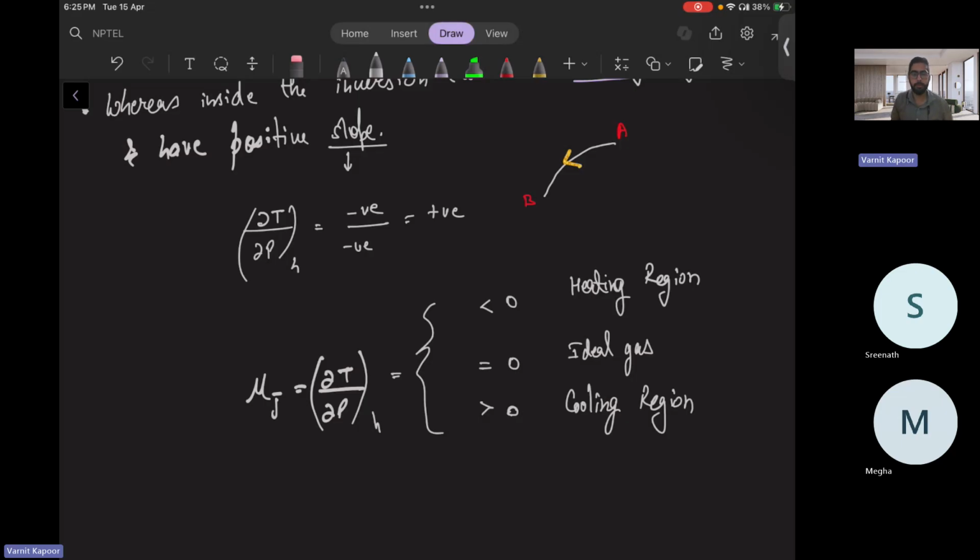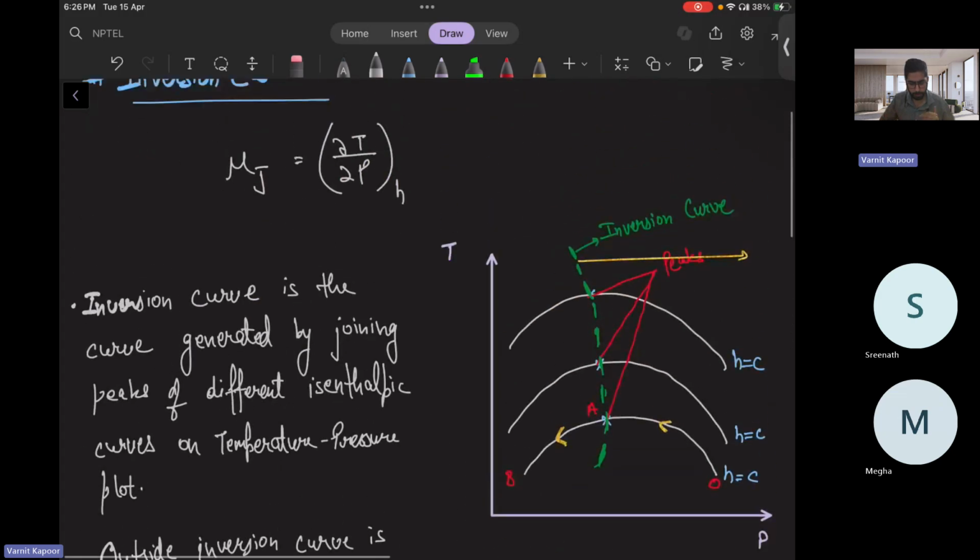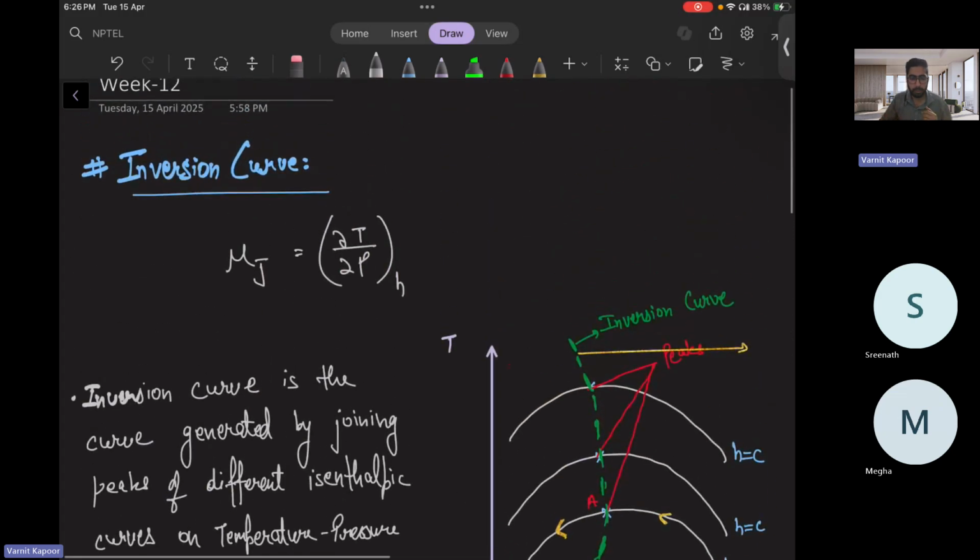I hope it is very clear what the inversion curve is. We have discussed the Joule-Thomson coefficient as well. Any doubts?